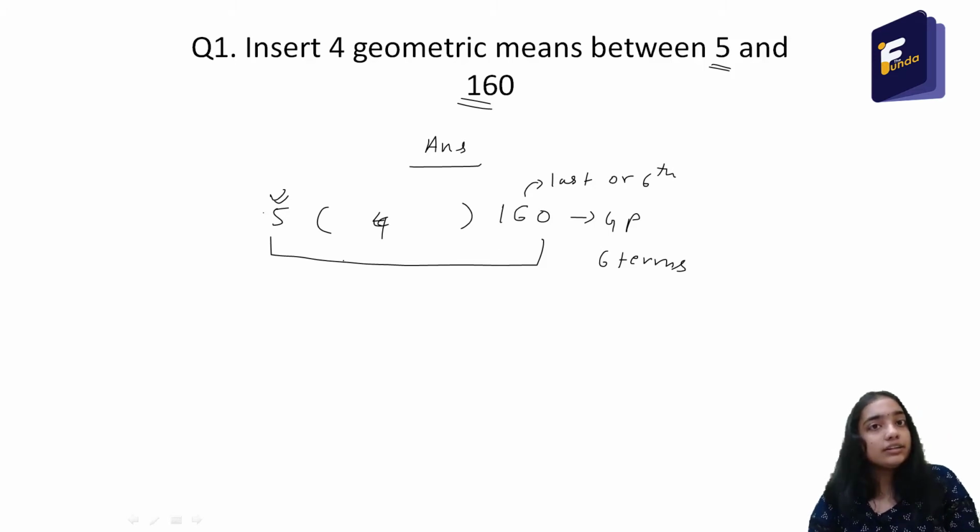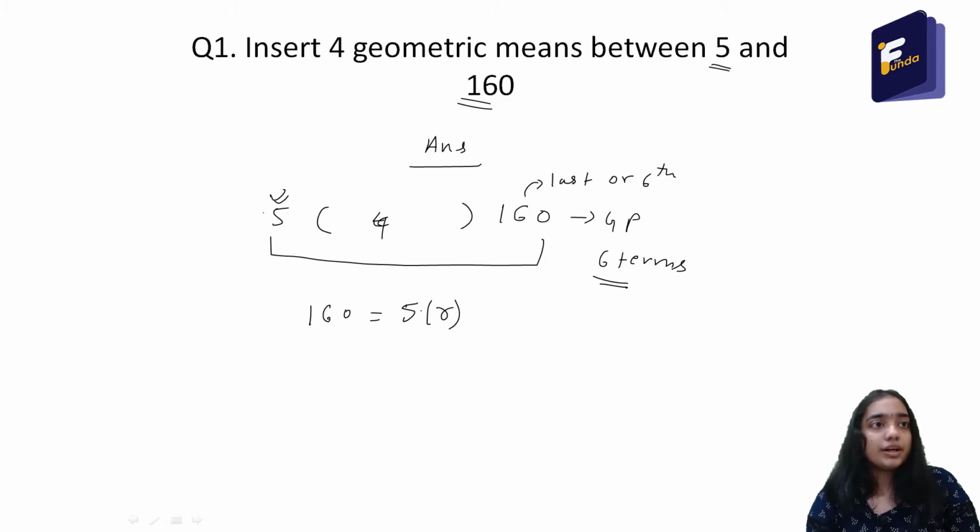For finding the common ratio, we will apply the formula of GP that we have learned. The last term 160 equal to a r to the power n minus 1. So a is the first term 5, r is the common ratio of this new GP that we are going to form, to the power n minus 1. Here n is the total number of terms, so n is 6 as there are 6 terms.